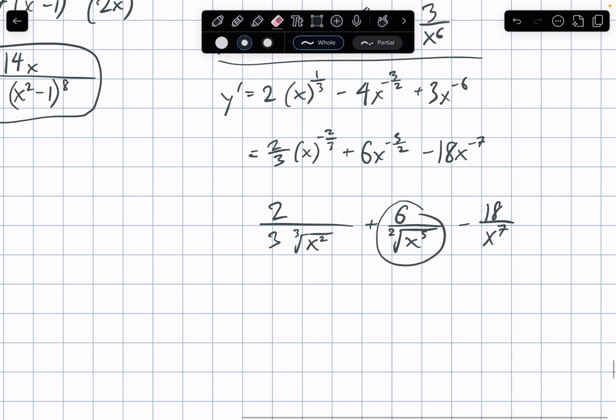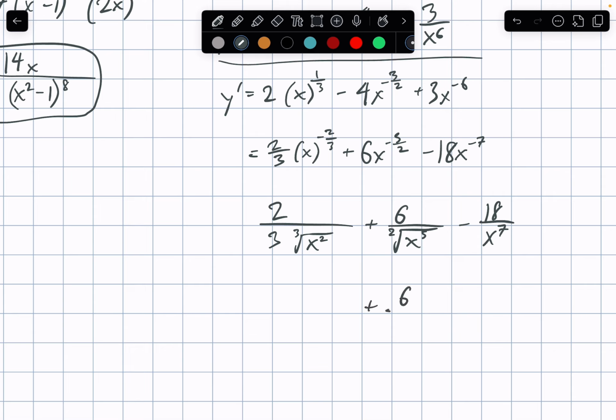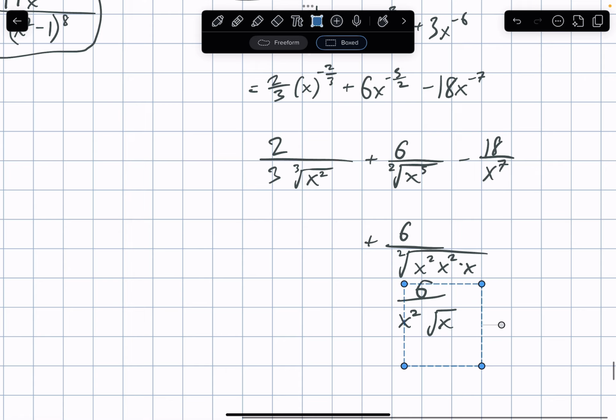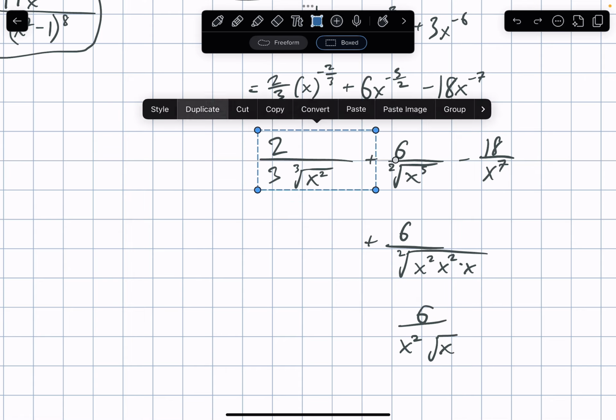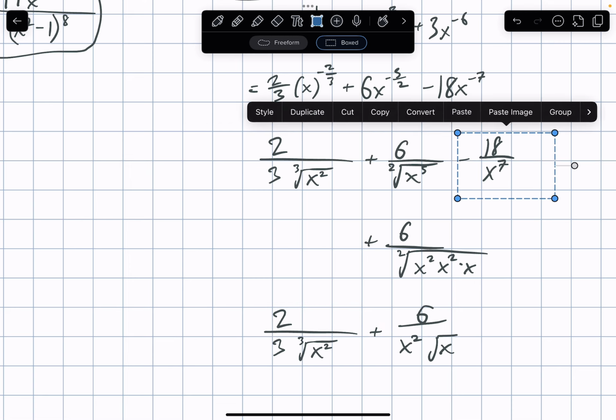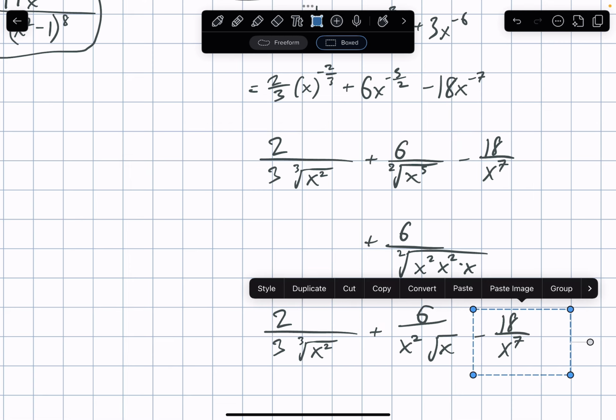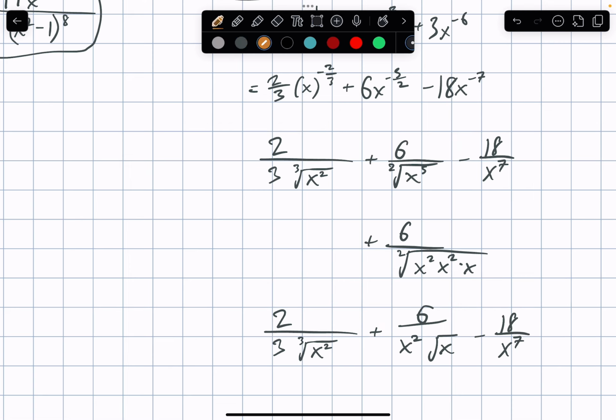We can further simplify this term. In that case, it would be x squared times x. When we liberate it, it's going to be x squared times x. So the final and most simplified answer would be this.